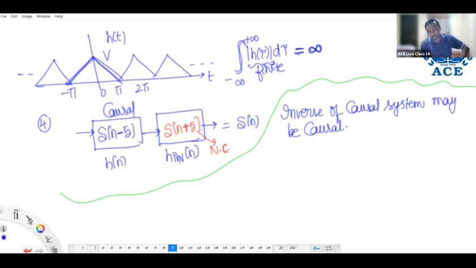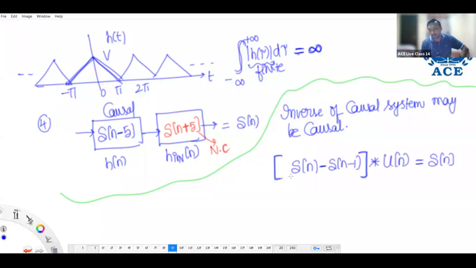Because you have one well-known example. What is that? What is the first difference of the step sequence? Delta n minus delta of n minus 1 convolved with u n is this result.